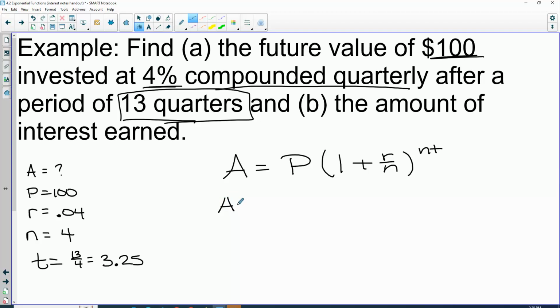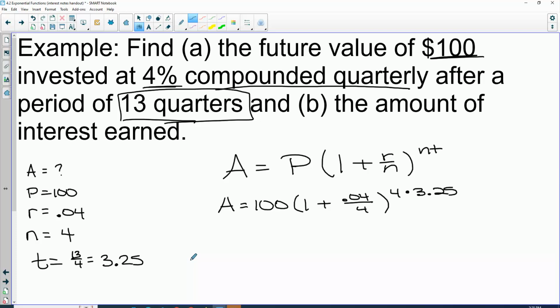Now we plug in. I don't know A. P is 100. 1 plus R, which is 0.04, divided by N, which is 4, to the N times T, 4 times 3.25. My recommendation is just put the entire thing in the calculator at once.